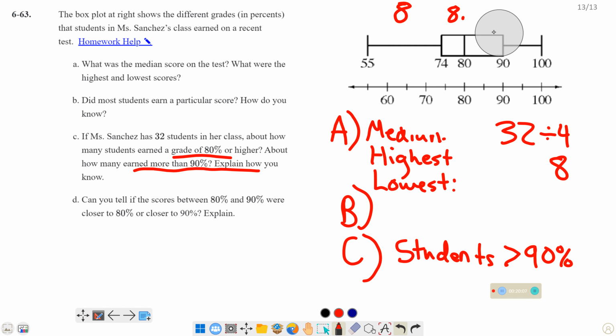You cannot determine actual scores unless you know averages, right? Right now, we're just counting the number of scores, and this is not dealing with averages. So the answer to D is no. We cannot get that information from a box plot.